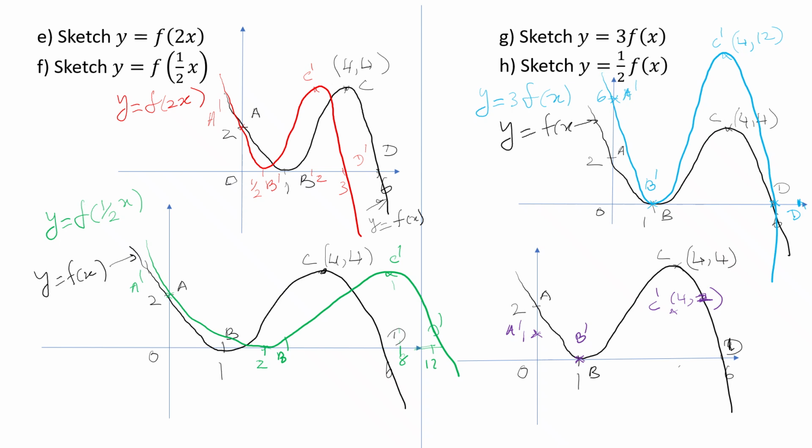Point D, y coordinate is 0, so it still does not change, so this point is D dash. Now draw the graph. So this is y equals half fx. Black one is y equals fx.